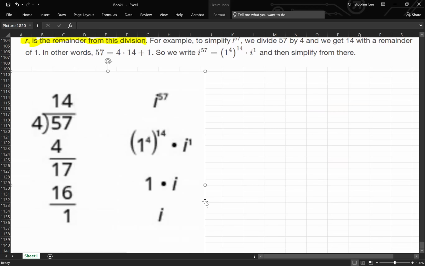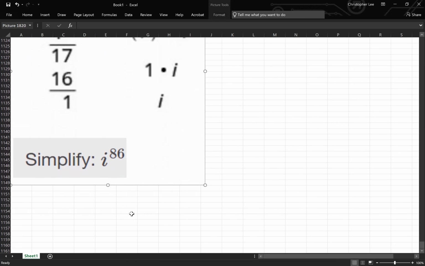So imagine we had i to the 57 power. You just divide the 57, the exponent, by 4, right? And then you're going to get a whole number 14, which is cool, right? So this becomes i to the 4 to the 14 power times i to the first power, right? Because that's what the remainder is. And then your final answer is just i.